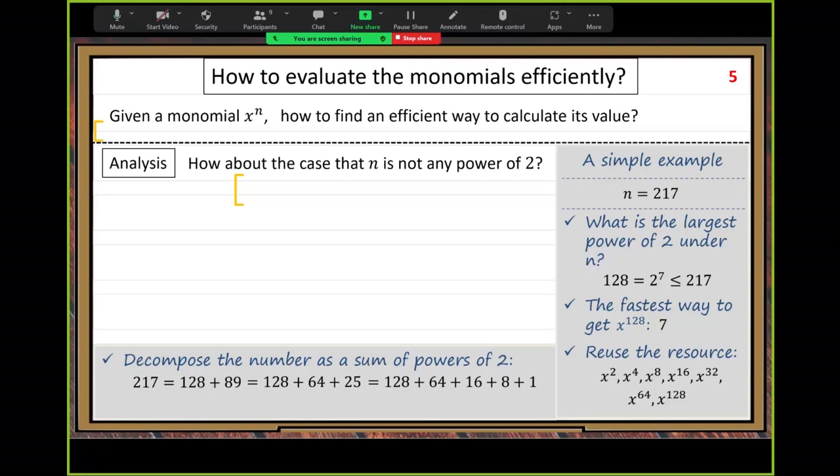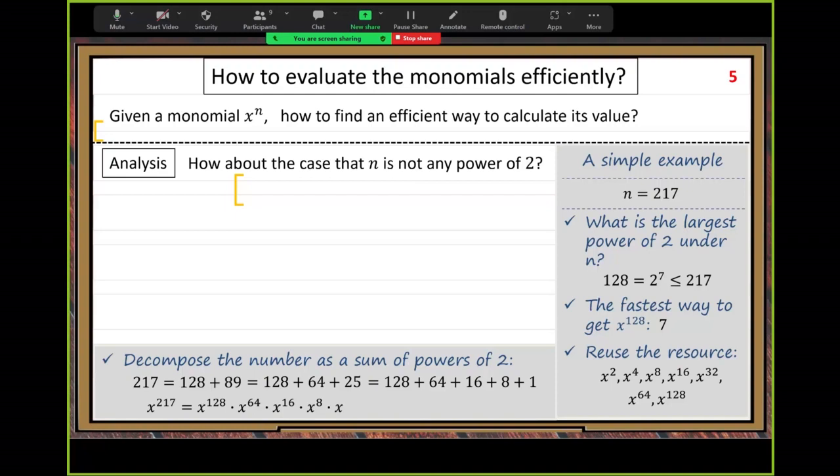Here you can see we decompose the original number 217 as a sum of powers of 2. The way we do the decomposition corresponds to the binary representation. Now we can do the final computation, the last round: x to the n, 217th.